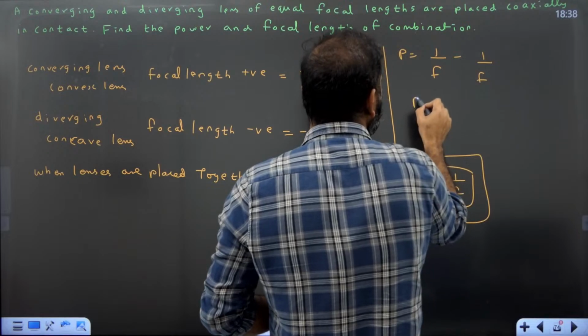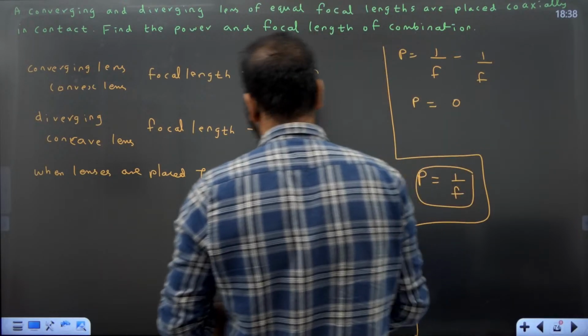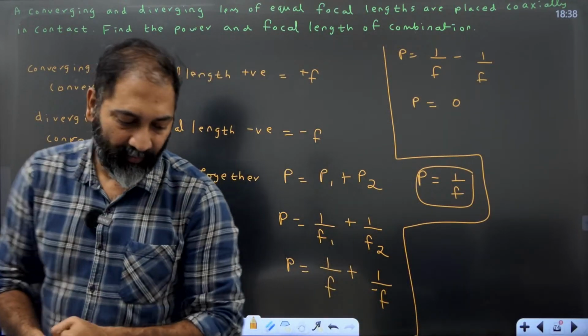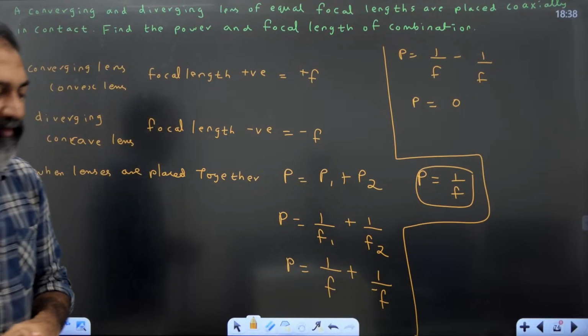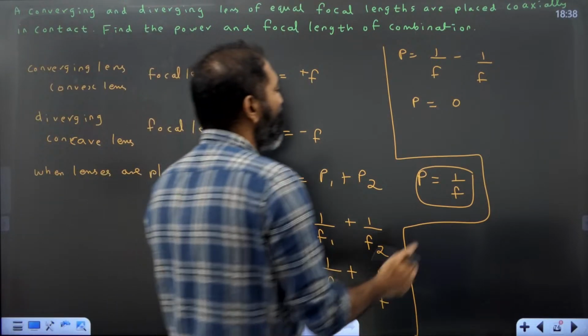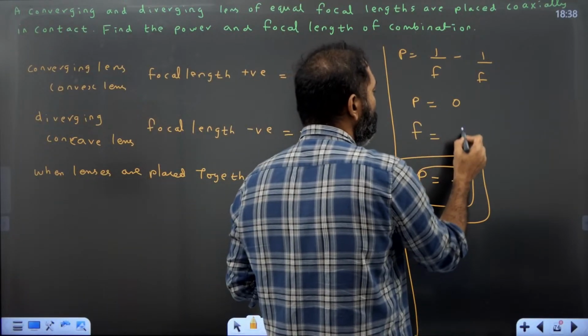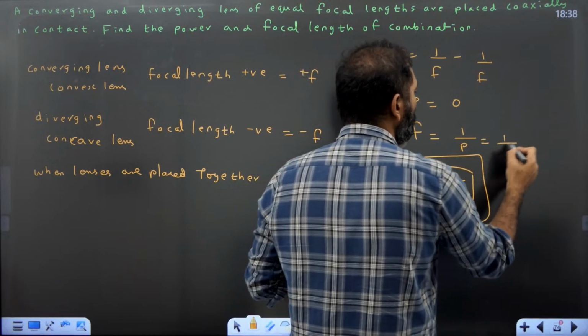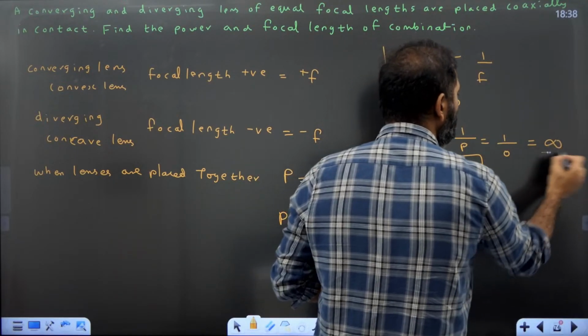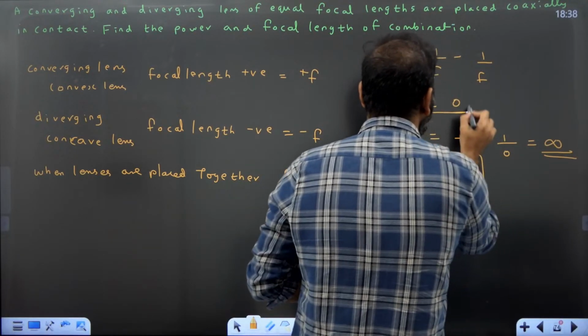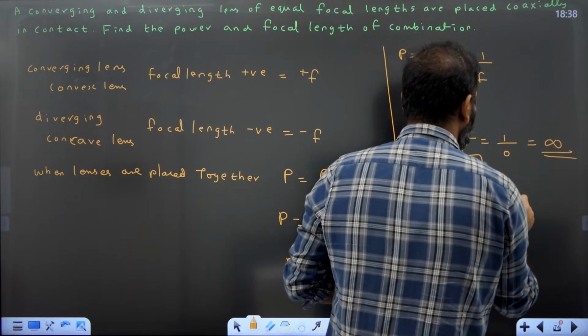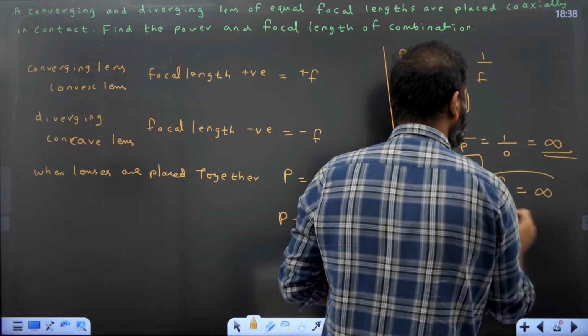So total power is equal to 0. Then what will be the focal length? 1 by power, 1 by 0. So focal length will be infinity. Total power 0, total focal length infinity.